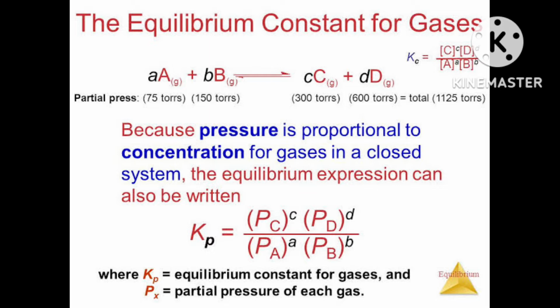The rate of forward reaction, RF for short, is directly proportional to the concentration of A into the concentration of B.